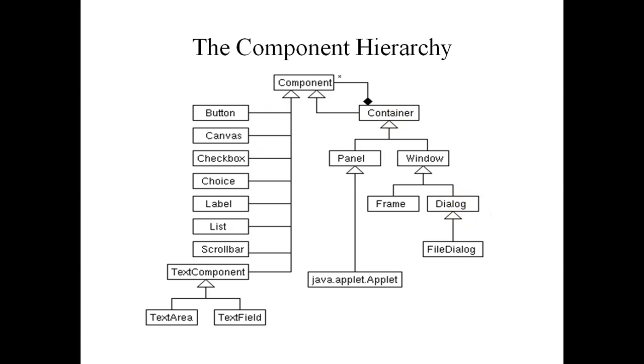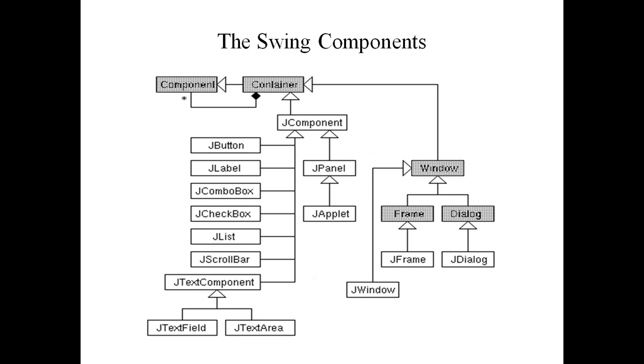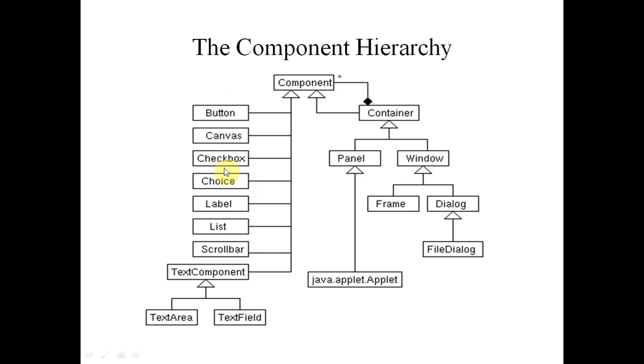Now you can see another diagram, the Swing diagram. In Java Swing we have all the same elements as in Java AWT: button, canvas, checkbox, choice, label, list, scroll bar.